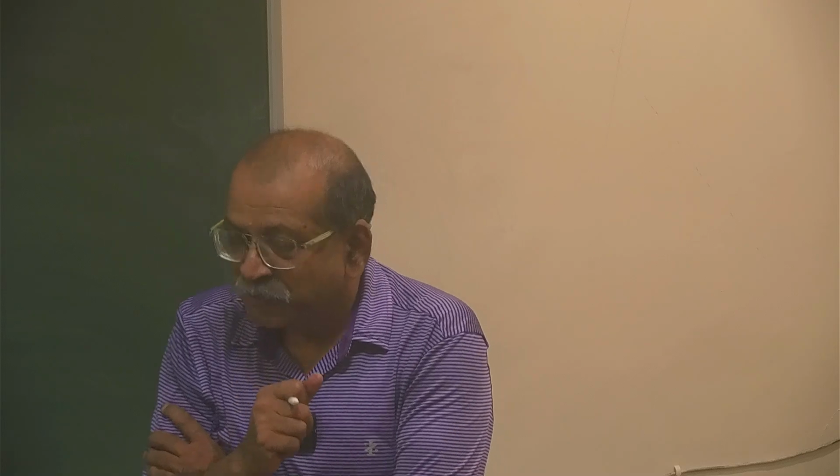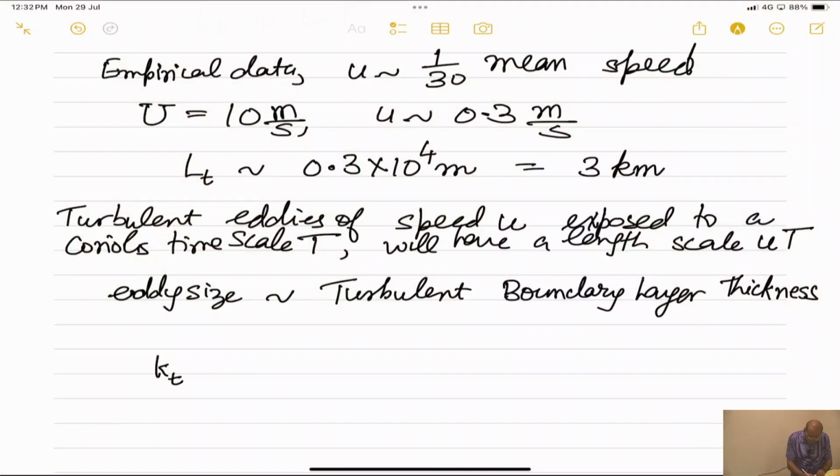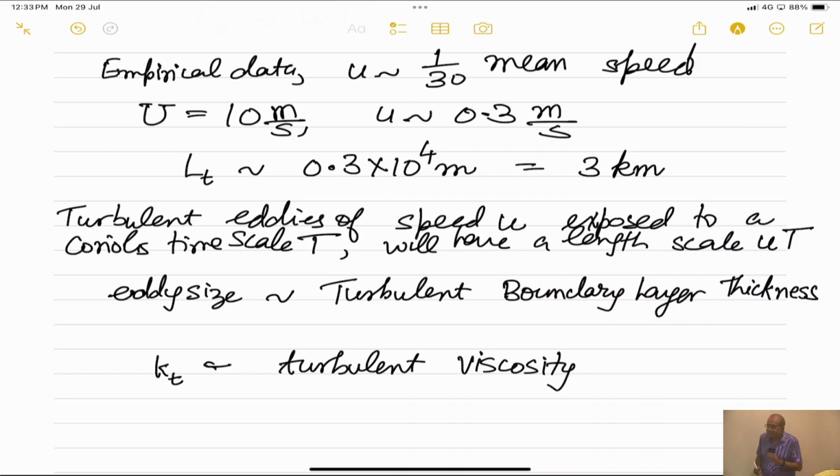Now, in this sort of crude example which we have done, there are many learnings we can get. One of the learnings is that we have talked of KT, which was a turbulent viscosity.